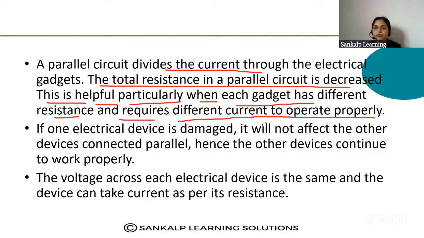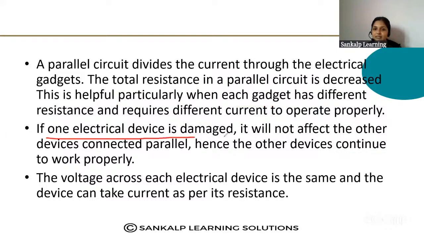In a series connection, the same amount of current is transferred to all gadgets, so if any device is damaged, there is a chance of whole circuit breakdown. In a parallel connection, if one electrical device is damaged, it will not affect the other devices. Hence, the other devices continue to work properly.